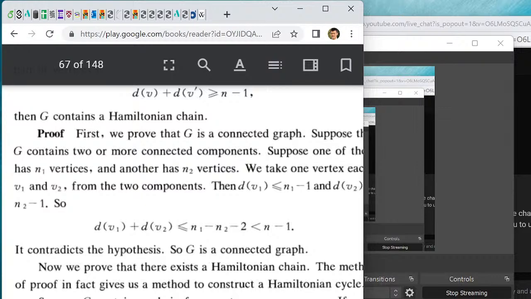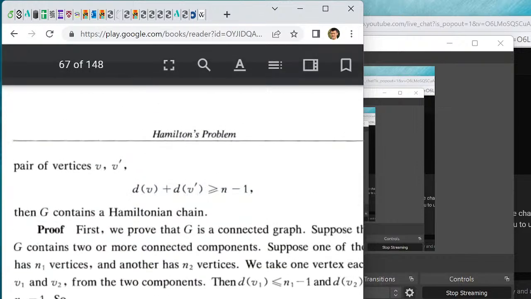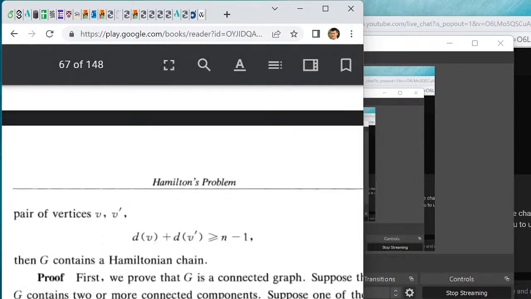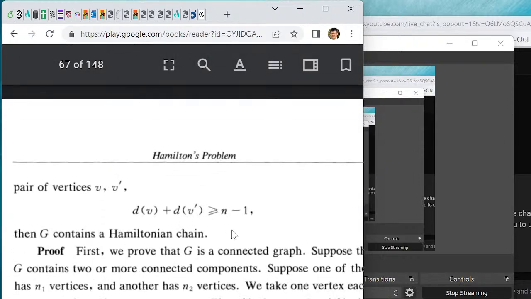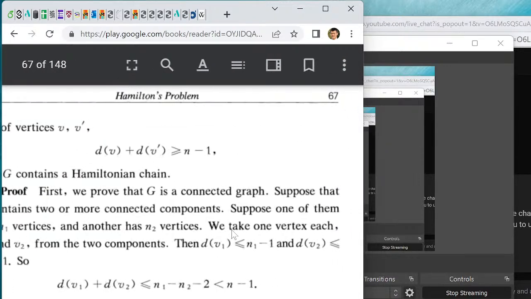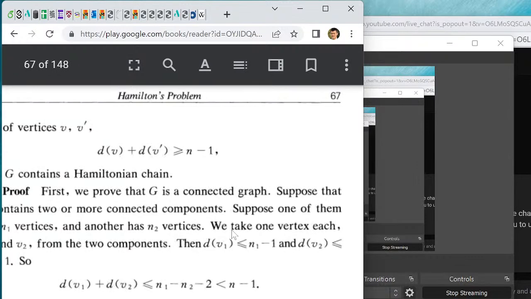Okay, so this doesn't even assume it's connected. If there's not enough edges, it'll have to be connected. So alright, we'll first prove that G is connected.